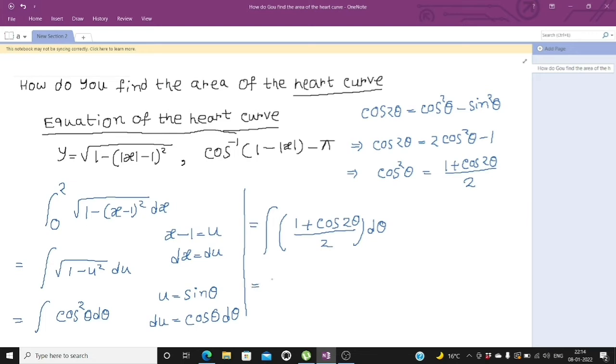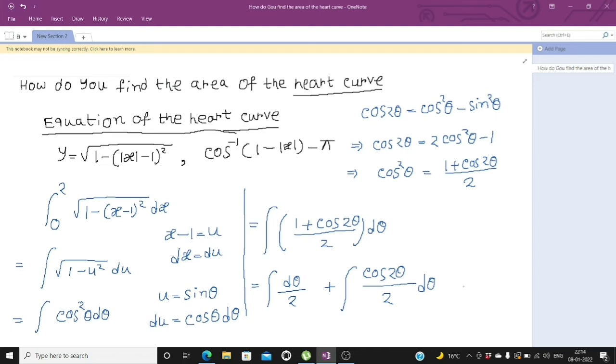Simply, one part is d theta divided by 2, and the other part is similarly cos 2 theta divided by 2 d theta. This is our simple task.